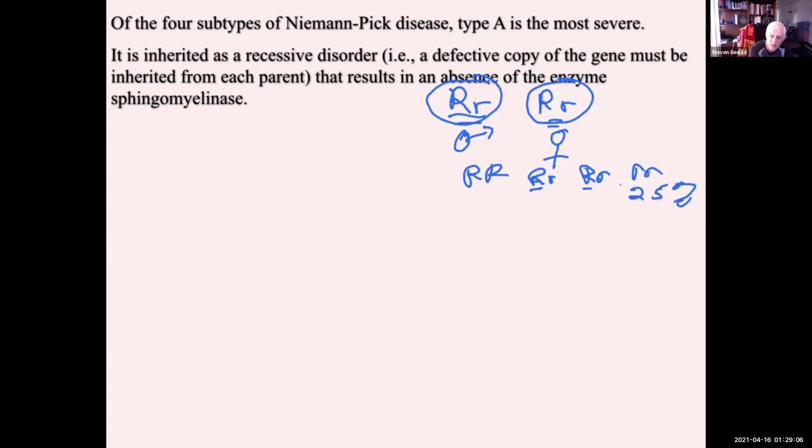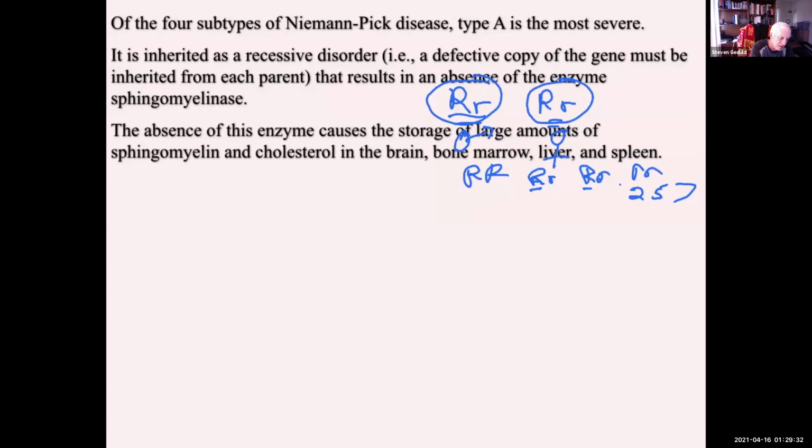That's what recessive means. This person will not carry the disease. There's no way this person can have a baby with Niemann-Pick disease, no matter who they marry. These two will be carriers. That's what it means by recessive disorder.